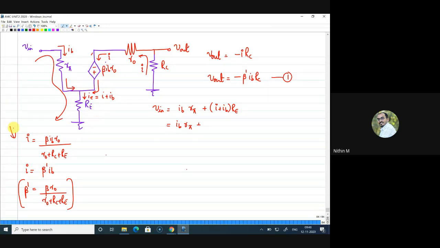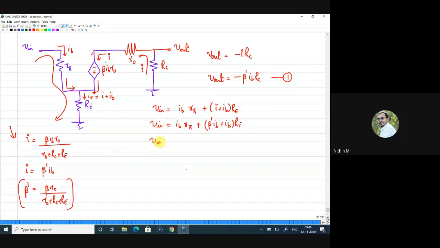So let me take this current as it is, and let me see what can be done at the end. So IB R pi plus, let me complete this and I'll come back. Now I plus IB, where I is again beta dash into IB plus IB. I hope this is making some sense. This is V in.